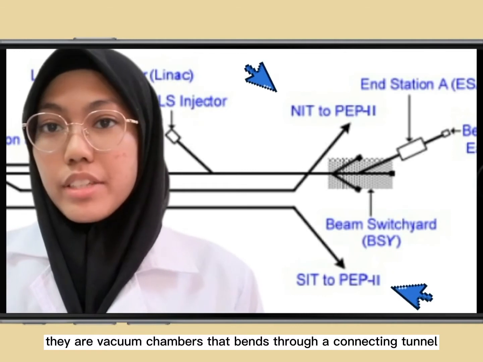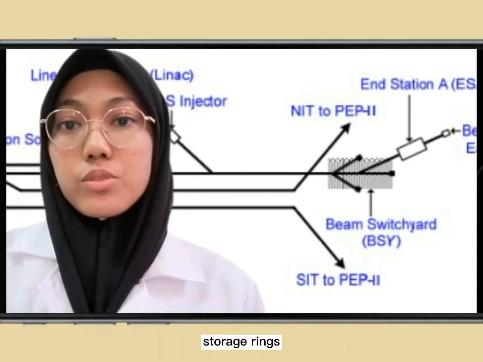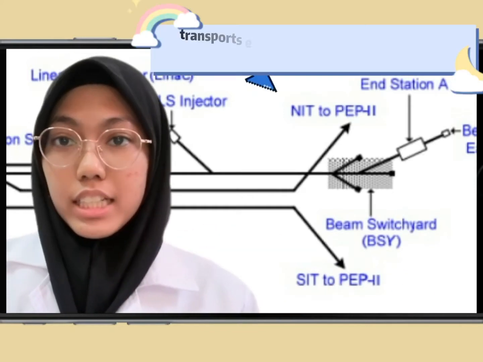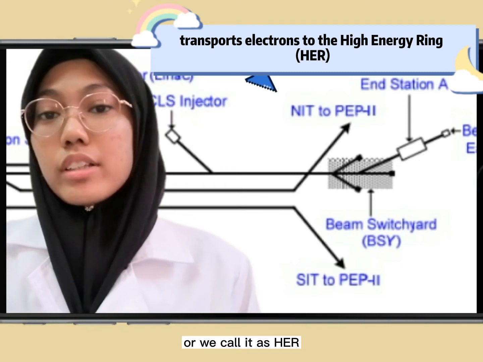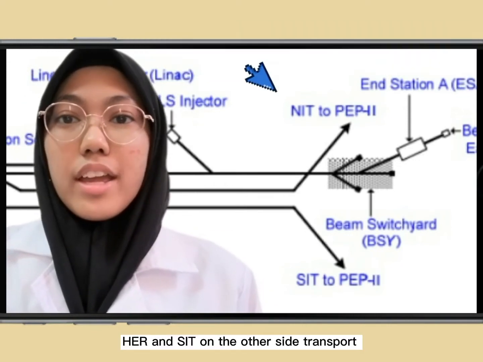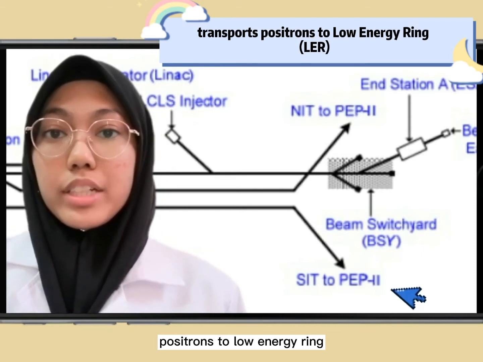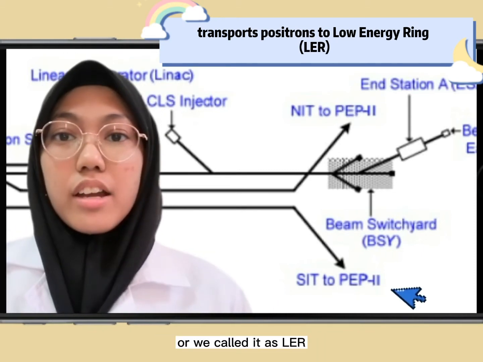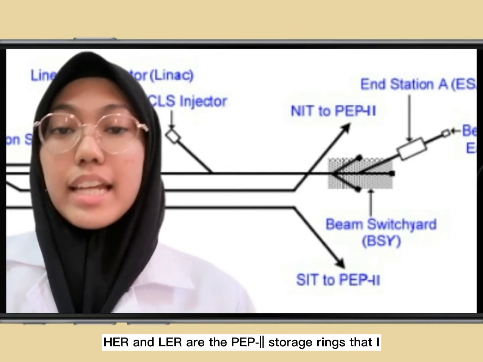They are vacuum chambers that advance through a connecting tunnel to the PEP2 storage rings. NIT specifically transports electrons to the high energy ring, or HER, while SIT on the other side transports positrons to the low energy ring, or LER. HER and LER are the PEP2 storage rings that I just mentioned.